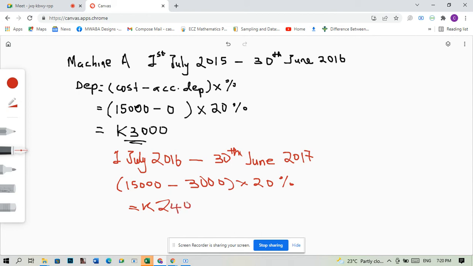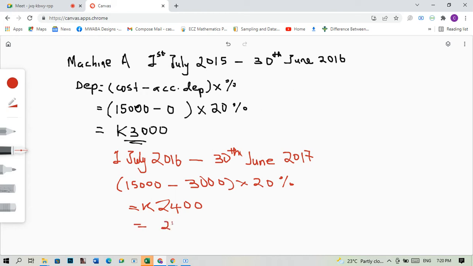Now, remember the machine was sold on the 31st of December 2016. So before we go there, let's first calculate the monthly charge. To get the monthly charge, we're going to divide 2,400 by 12.